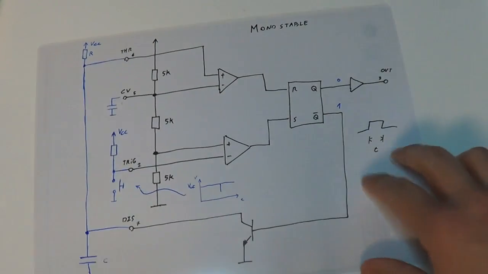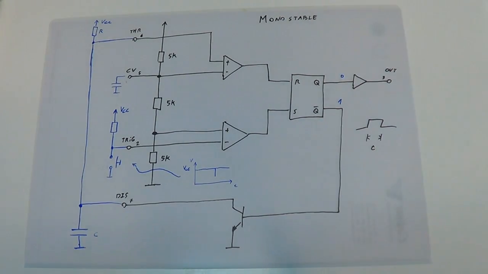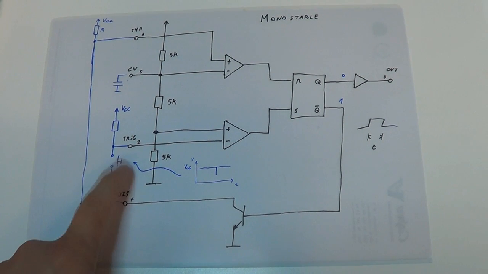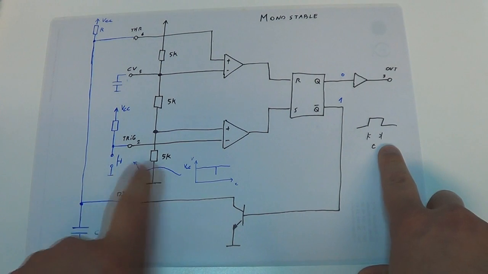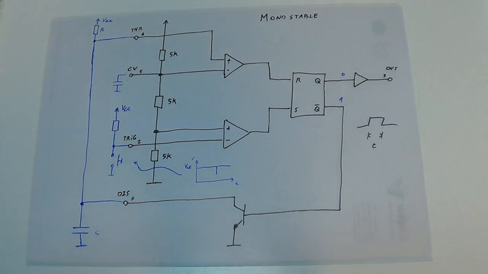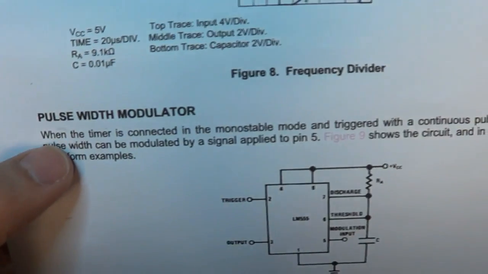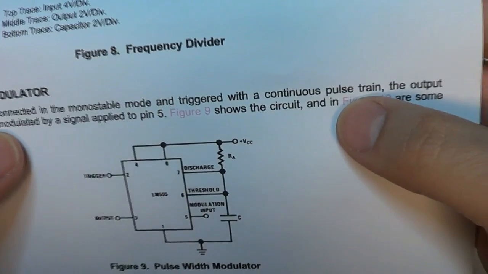As I told you, this circuit is a monostable, and the reason it works is because you have to force the unstable state with some kind of external signal, and that is why the datasheet states that when the timer is connected, blah blah blah, with a continuous pulse train.